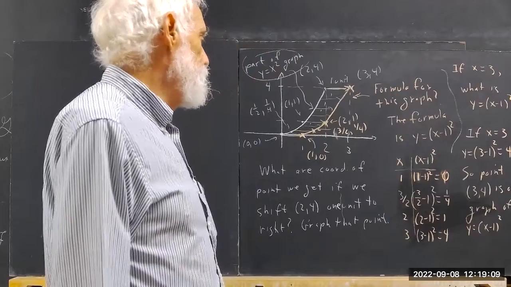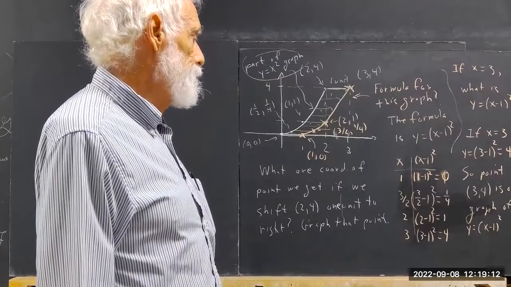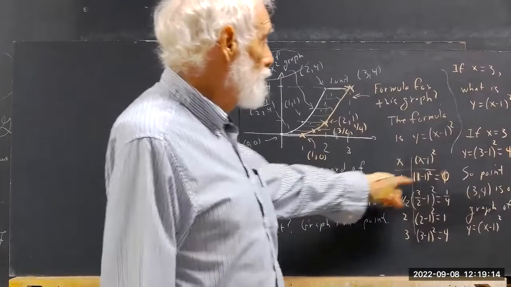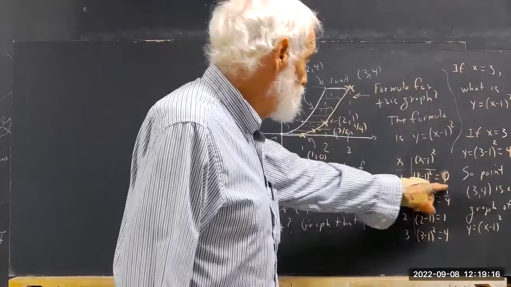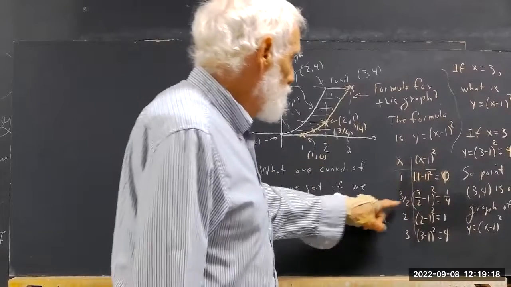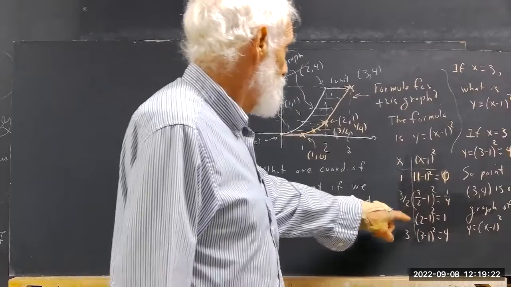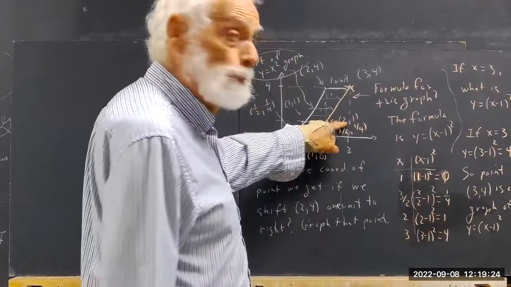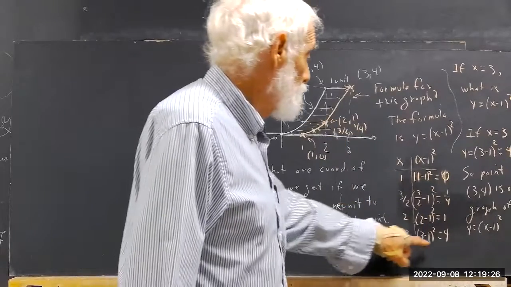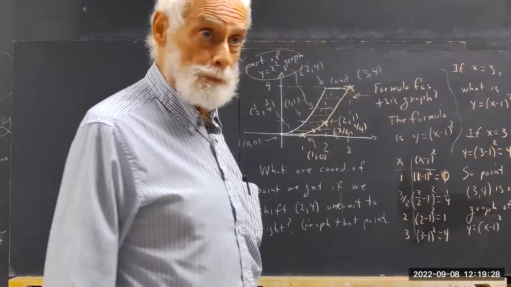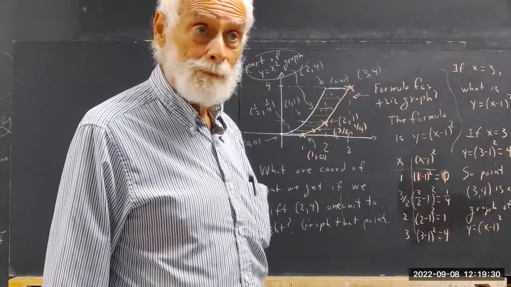And if I now graph these points, I get (1, 0), which is here. (3/2, 1/4), which is here. (2, 1), well, there's your point. (3, 4), there's your point. Okay.